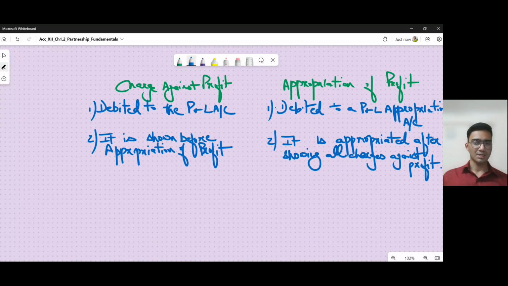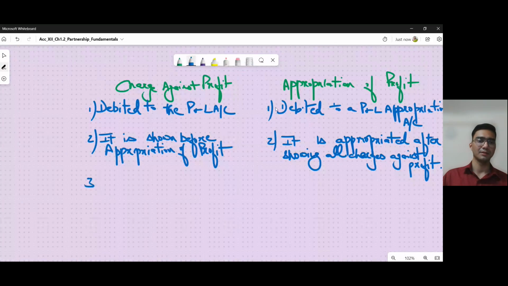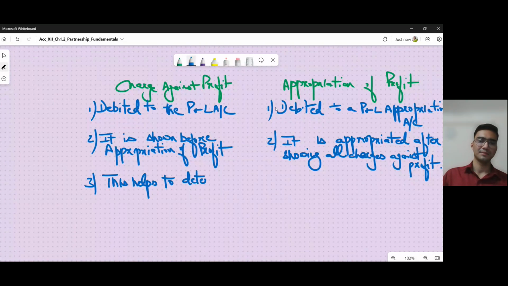Okay, some examples you can put. And what does this charge against profit help you to determine? This helps to determine the net profit or the loss of the business.